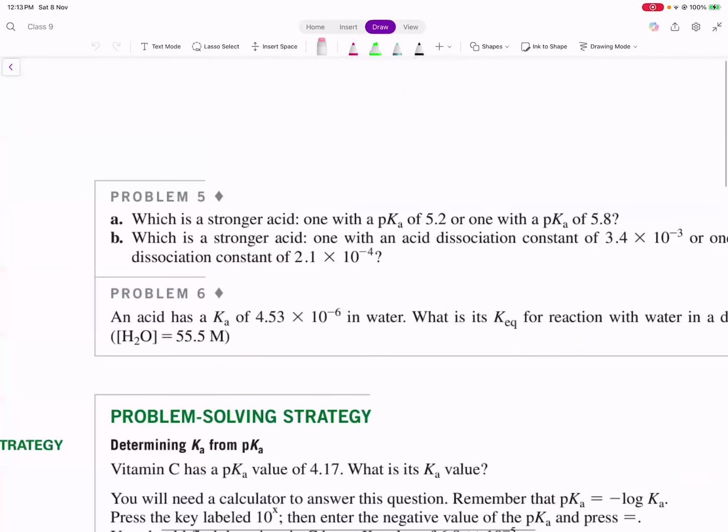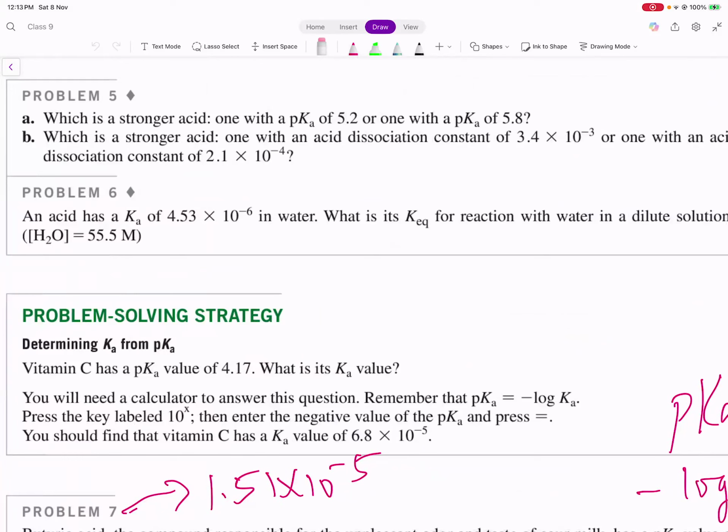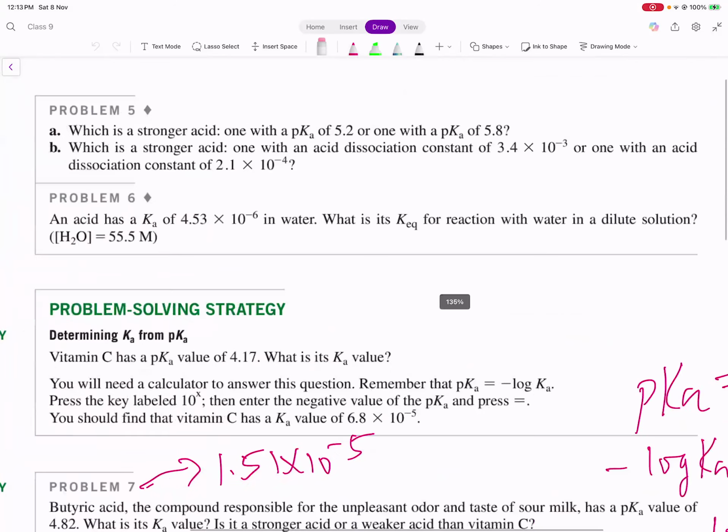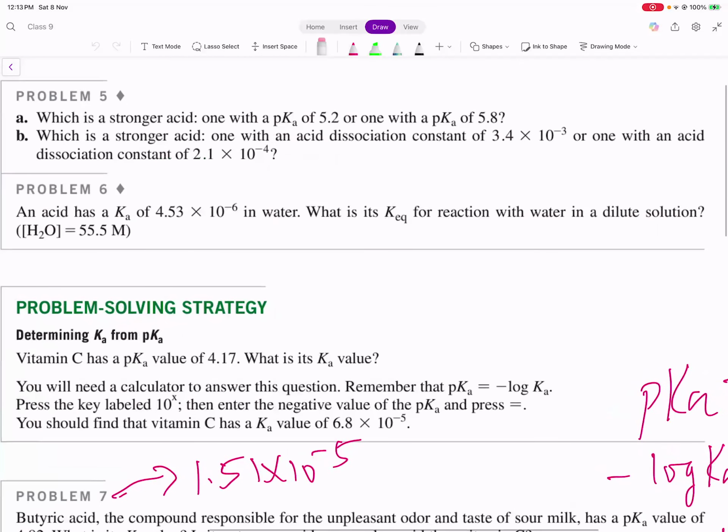So this was a strong question: which is the stronger acid, one with the pKa of 5.2 or one with the pKa of 5.8? We know that a stronger acid will have a lower pKa value, right? So the stronger acid is the one with pKa 5.2.